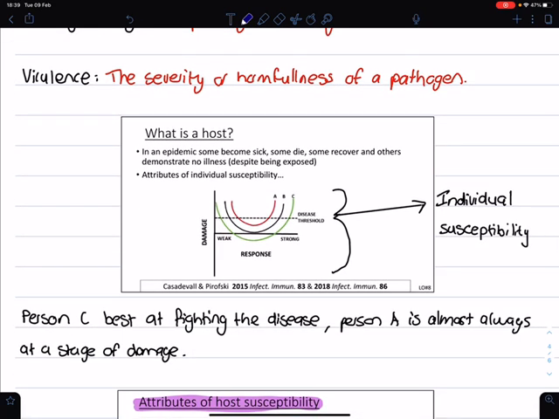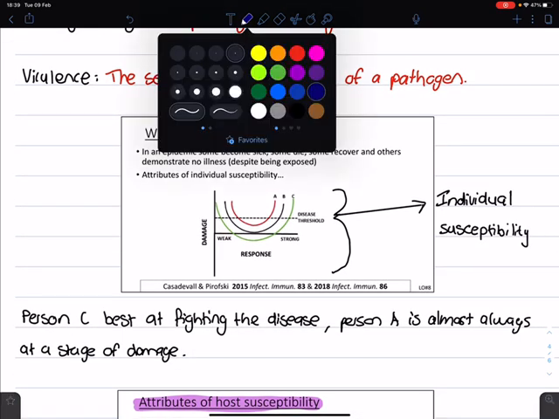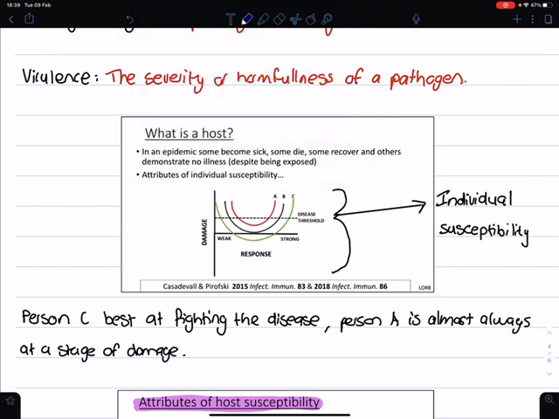And also one can see here on a graph the pathogen mediated damage, which goes down because the pathogen gets eliminated from the body, or from medication or things like that. And this is the host mediated damage due to inflammation and things like that, so it's too strong of an immune response.